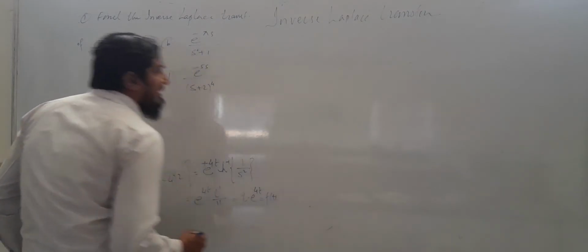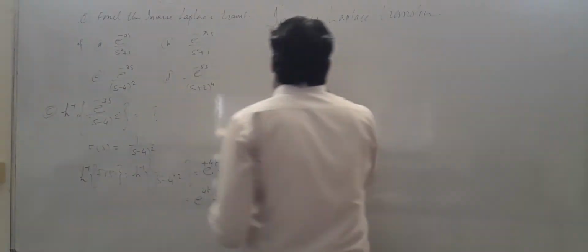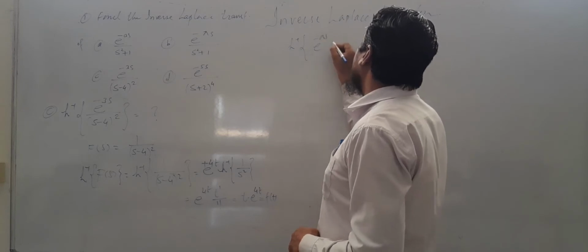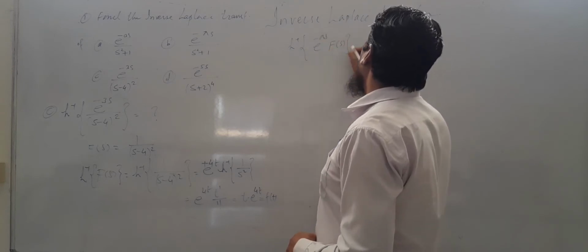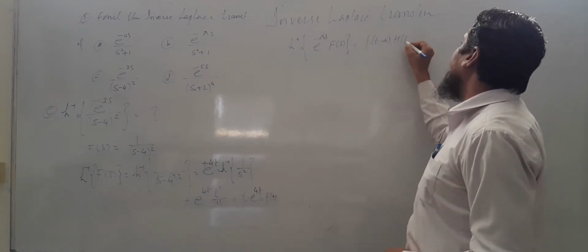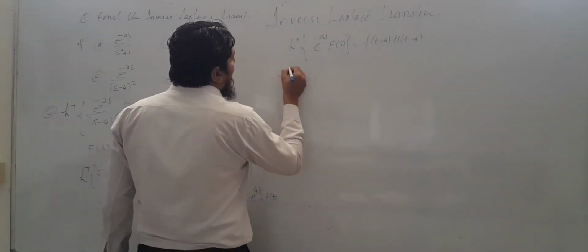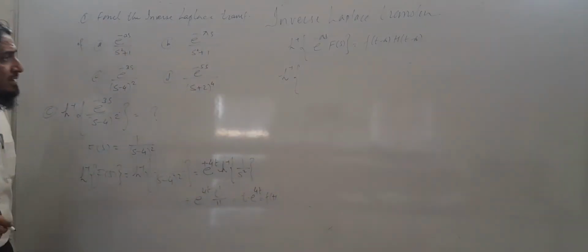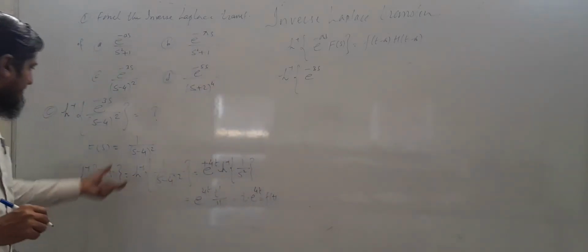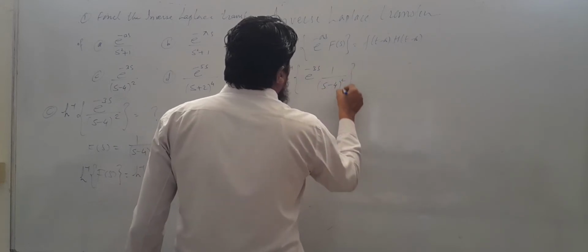Now directly we can apply the shifting theorem by using e raised to minus 3s. Since we know that the inverse Laplace transform of e raised to minus as F of s will give us f of t minus a times h of t minus a, similarly we can apply the inverse Laplace transform to e raised to minus 3s and F of s, that is 1 upon s minus 4 whole square.